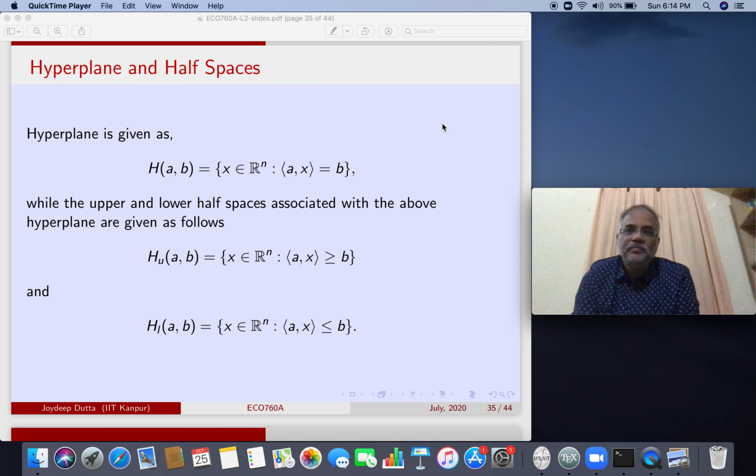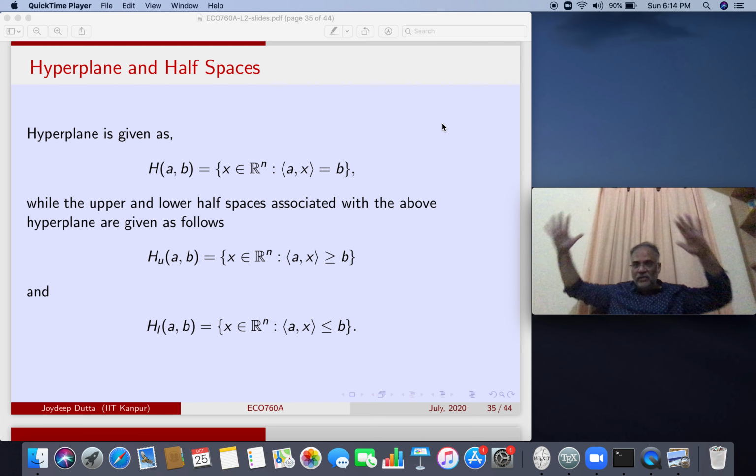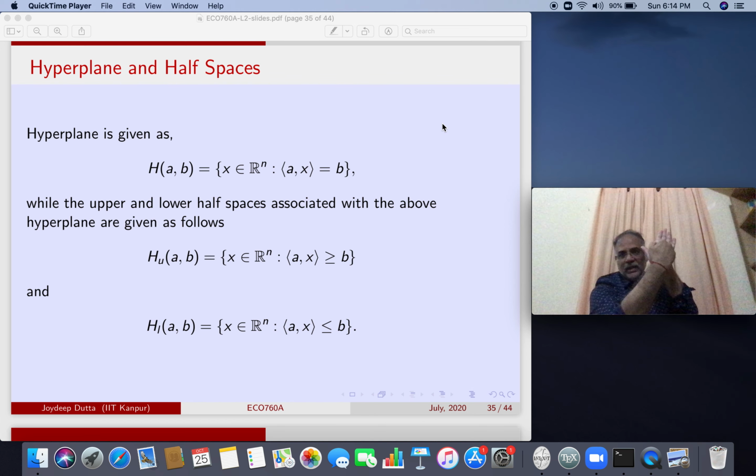Now comes the interesting half spaces. If you draw a line on a piece of paper, the line is a kind of boundary wall. It divides the whole R2, the plane of the paper, into two spaces. Suppose you draw a line like this: the one on the upper part is called the upper half space, and the one on the lower part is called the lower half space.